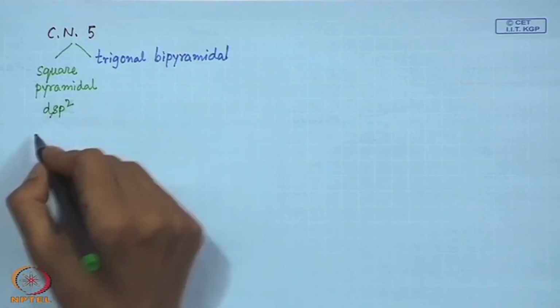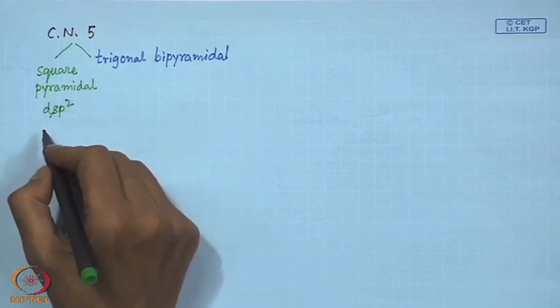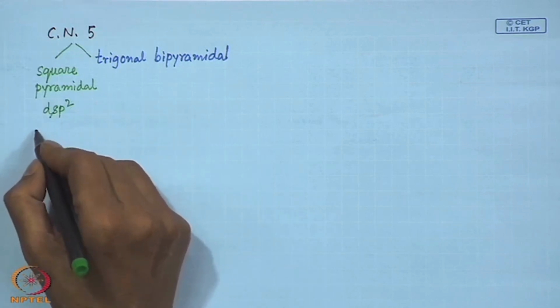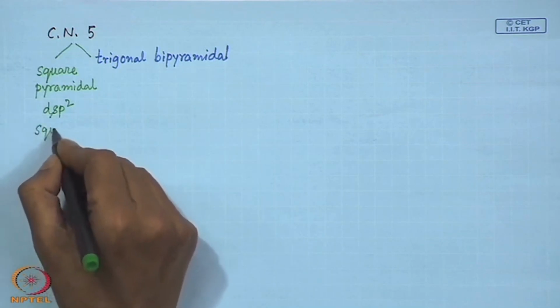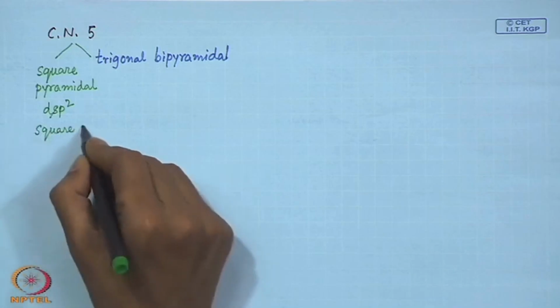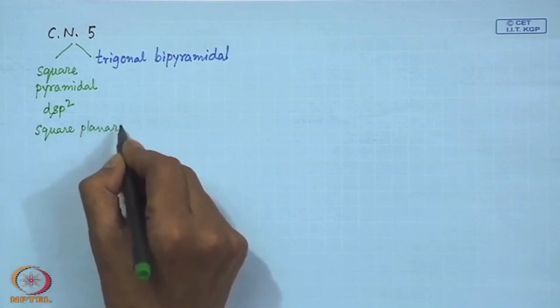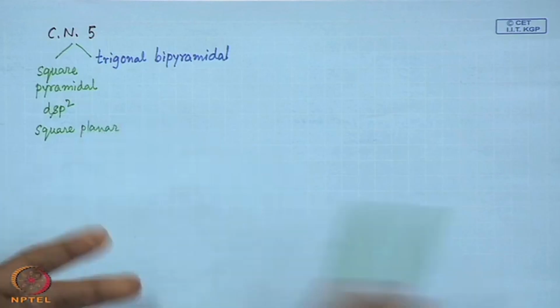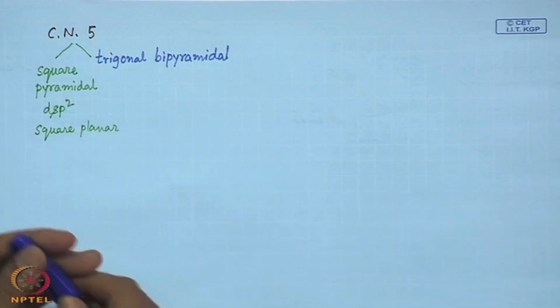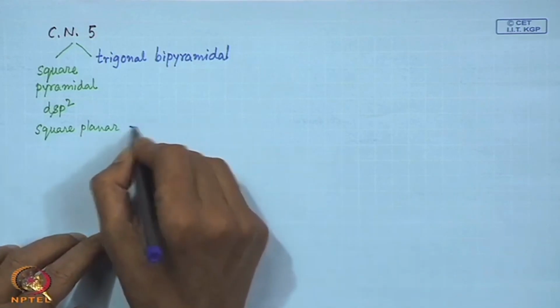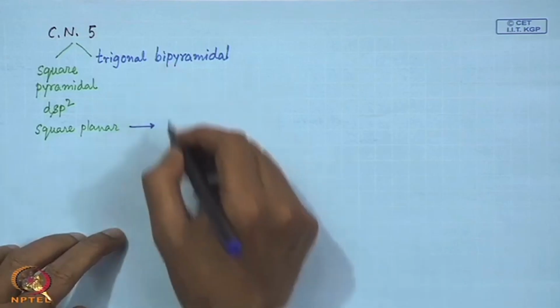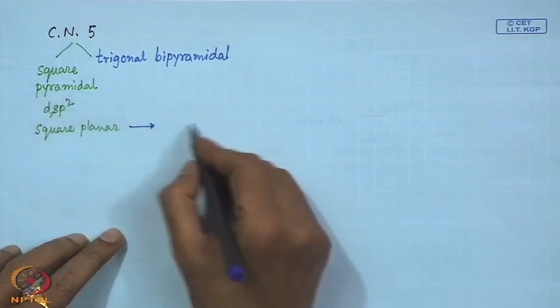For the dsp2 hybridization scheme, we have already seen it for square planar, and we want to move from square planar to this square pyramidal.